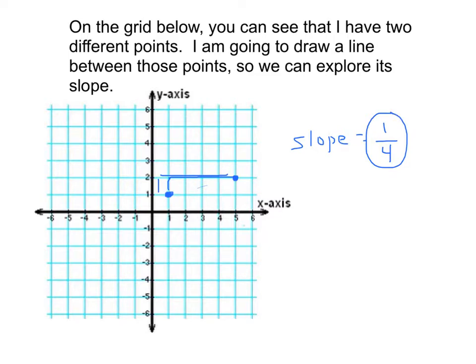Notice that this is a positive sloped line because to get from this point to the next point, first I went up 1, which is positive, and then I went to the right 4, which is also positive. So both of these are positive numbers, so I have a positive slope.